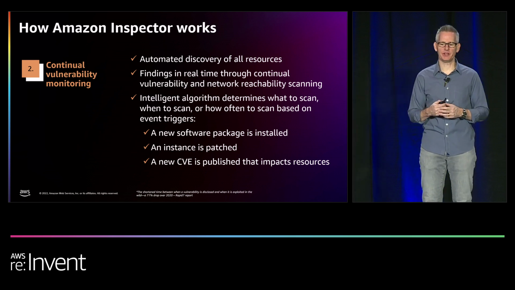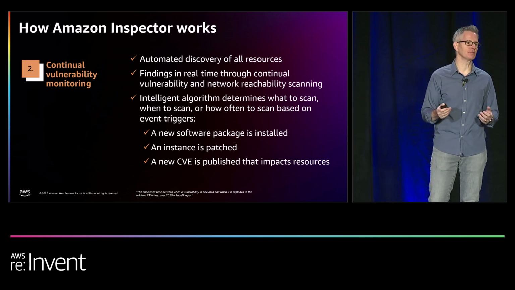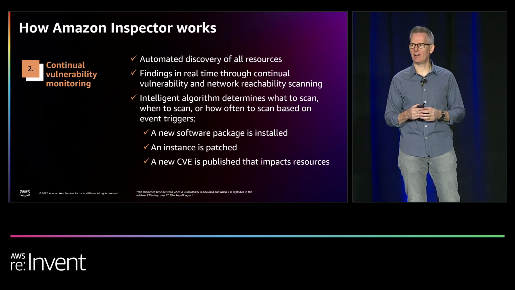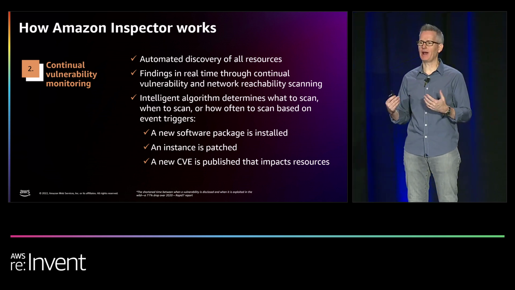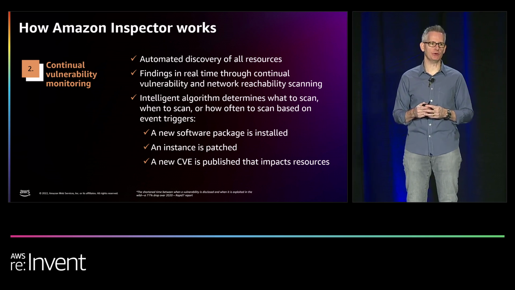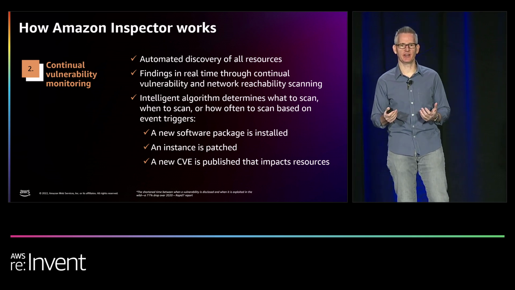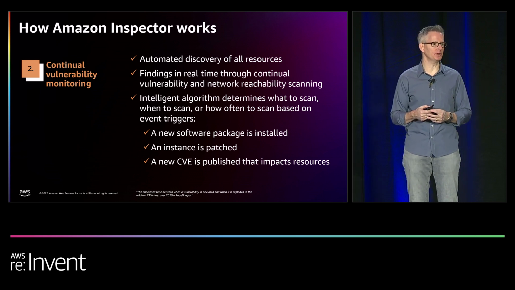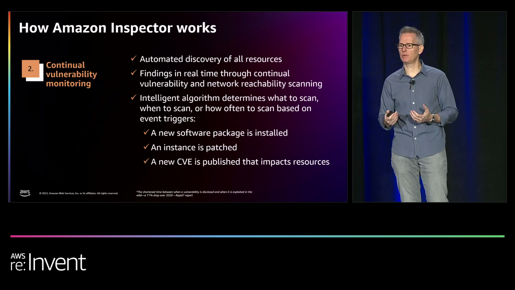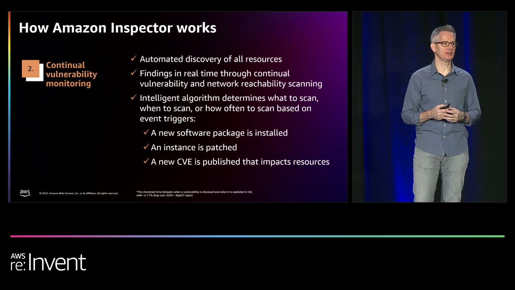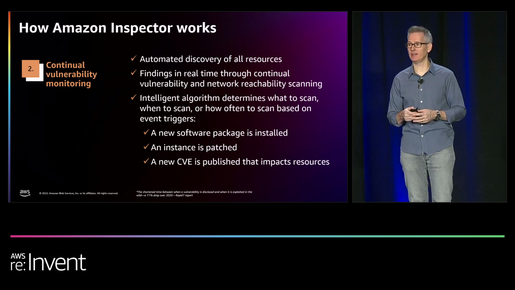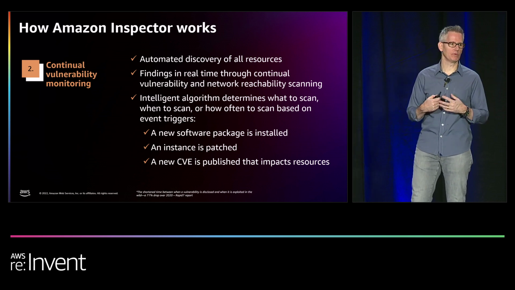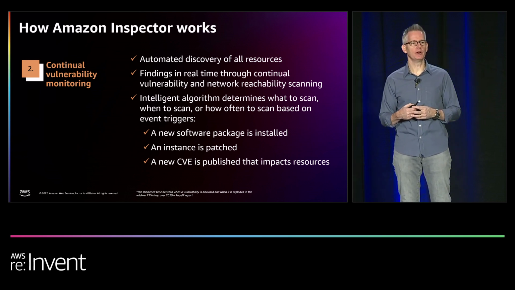So vulnerabilities are being published every day. And like we talked about, you don't want to have to be an expert of, how critical is this brand new vulnerability? Do I need to go outside of my patching cycle? Amazon Inspector monitors all the vulnerabilities, and as new ones are published, it will look at your resources, pick the ones that are impacted and automatically reassess those and generate findings for you.